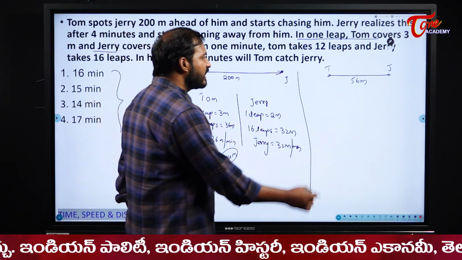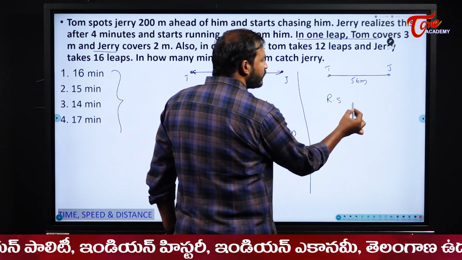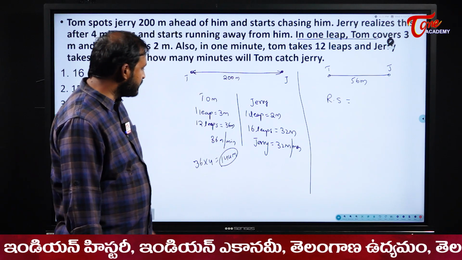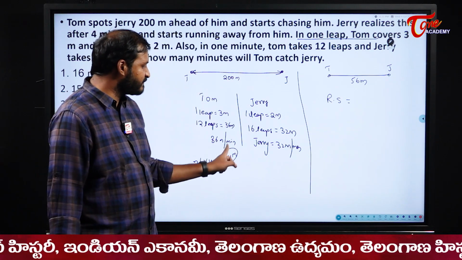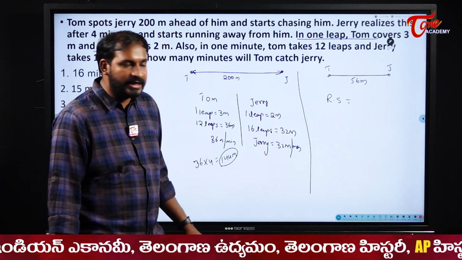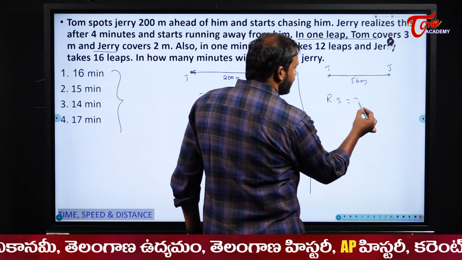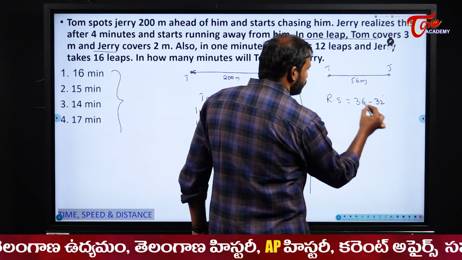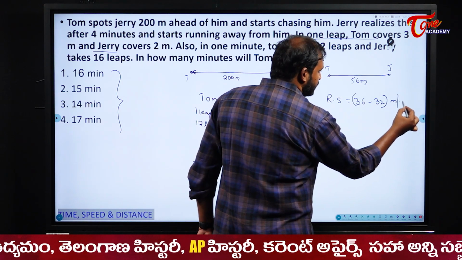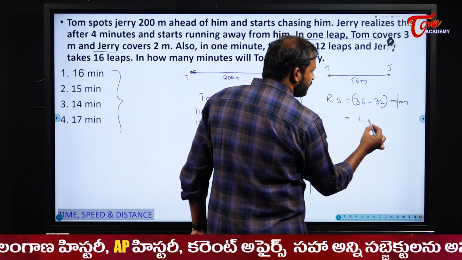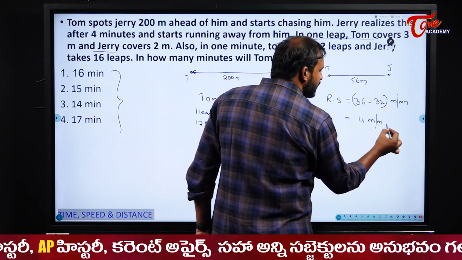Now, what is the relative speed? Both are running in the same direction. Tom's speed is 36 meters per minute and Jerry's speed is 32 meters per minute. So, 36 minus 32 meters per minute. What is the answer you will get here? 4 meters per minute is the relative speed.